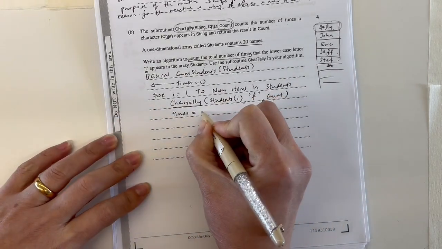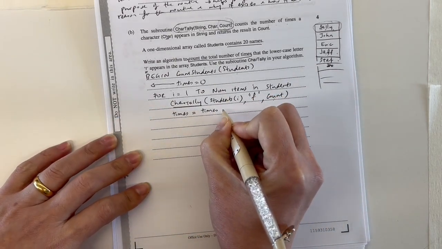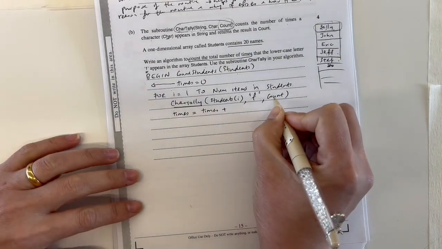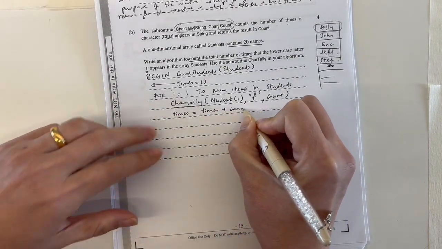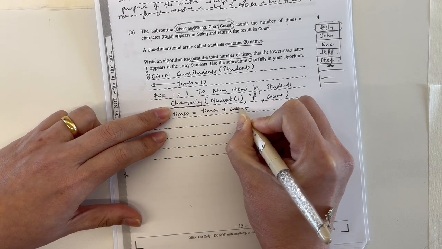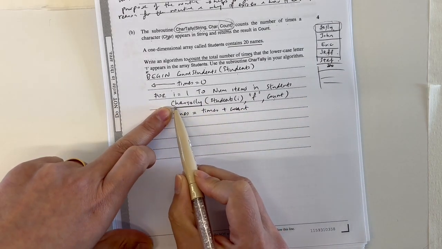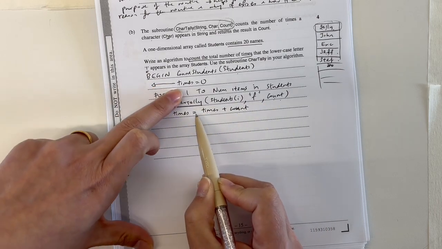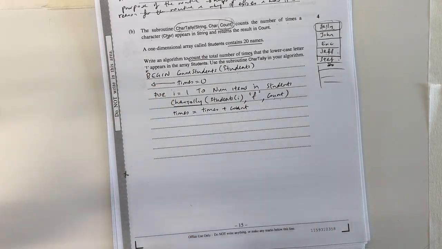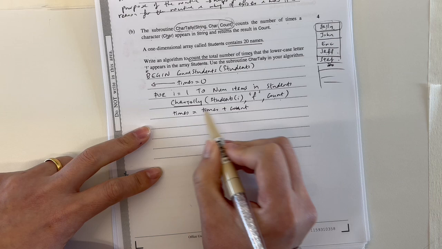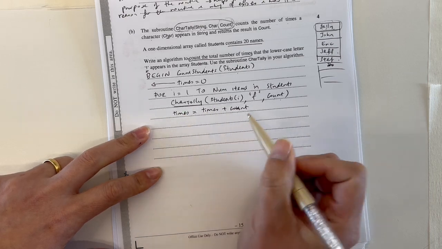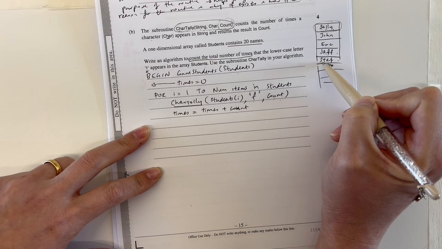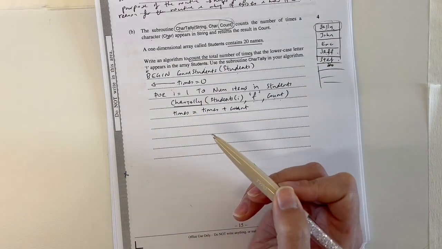I want to say whatever is in there, I'm going to plus. I'm not adding 1 each time. I'm adding count, whatever char tally returned in count, to my times counter. That would keep track of how many times it found F for every single name, because it's going to reach the end.